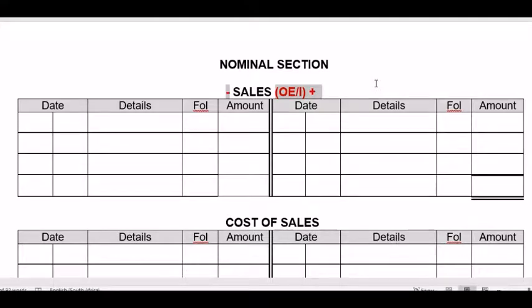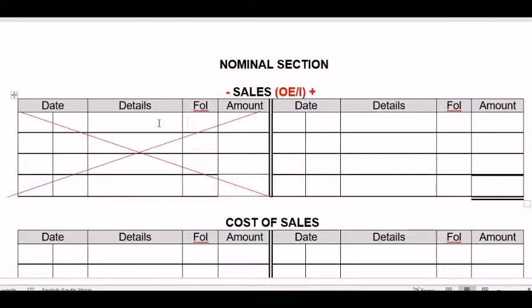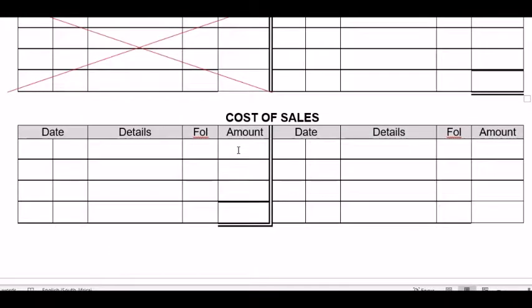So what I would recommend is that after you've made that plus on the credit side of sales, draw a little cross through the debit side of sales, because we won't ever work on the minus side of sales in Form 2.